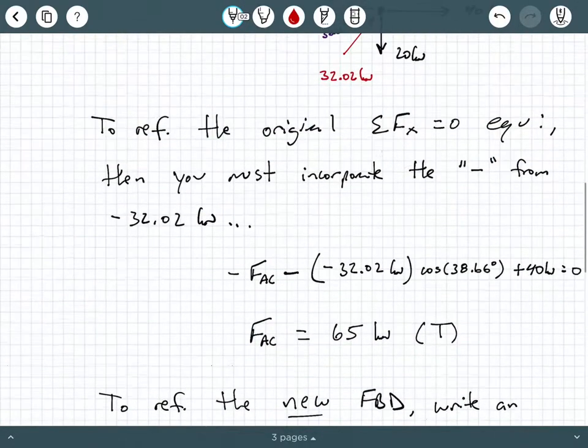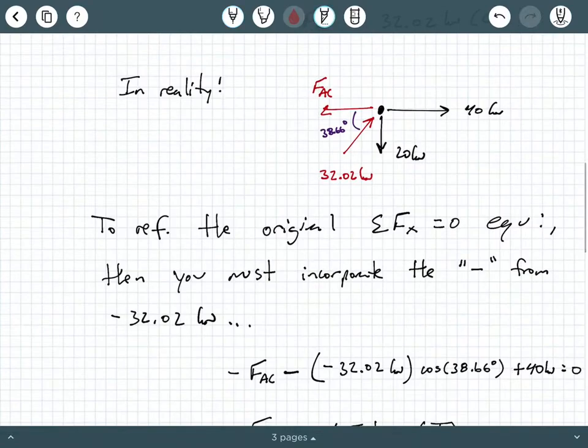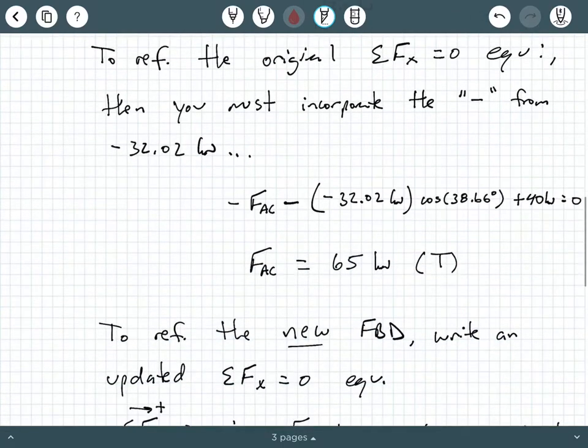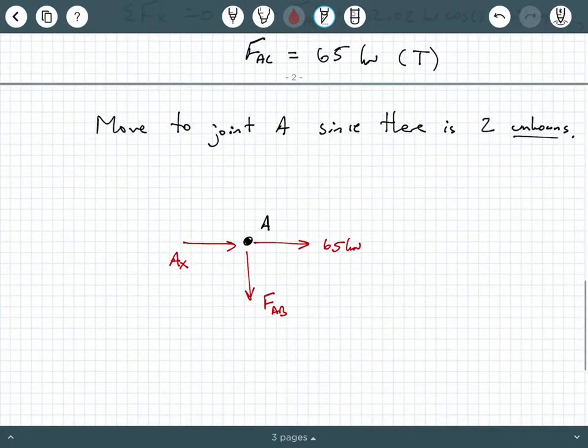And again, you can look at it as when we were at C, we did the calculations. FAC was positive, so it is pointing to the left. Okay, right? FAC is pointing to the left in this free body diagram. And so that means it must be pointing in the opposite direction when you're looking at the other side of the joint.